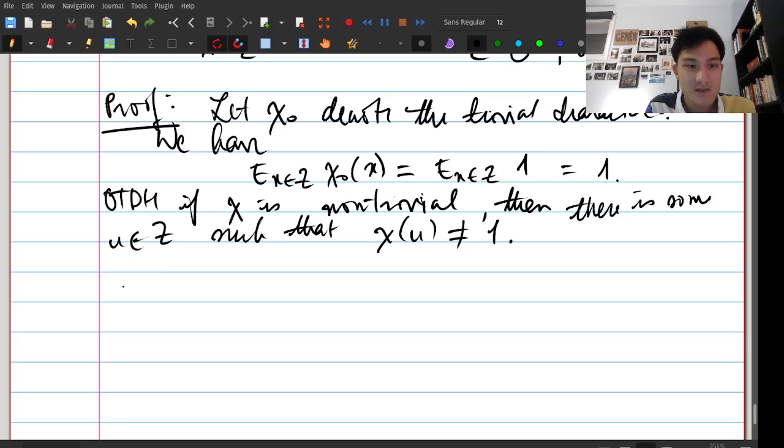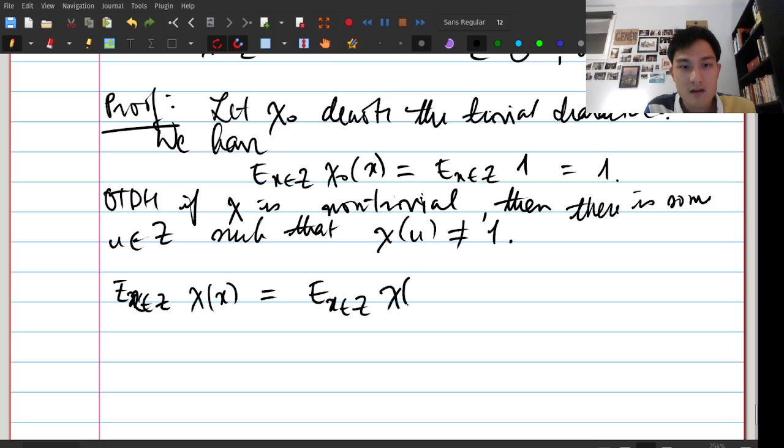So we take the same sum, the expectation over x in Z of chi(x), but this is the same as the expectation over x in Z of chi(u plus x). Summing over all x in Z is the same as summing over all u plus x in Z, because Z is a finite group, or it doesn't even have to be finite, but you know what I mean. We're just rearranging the sum, really.